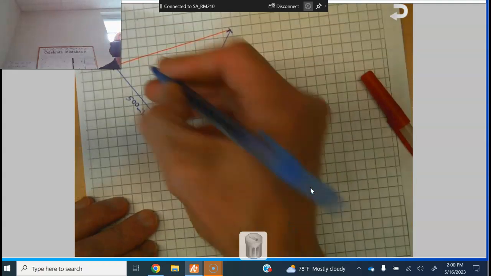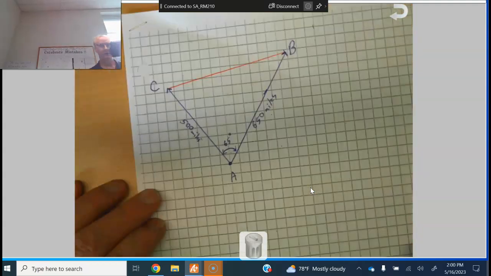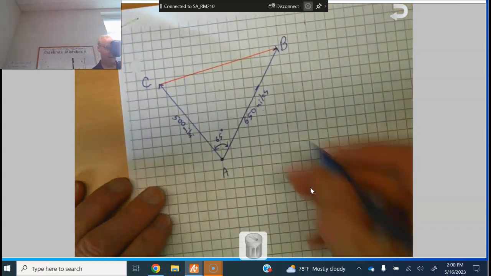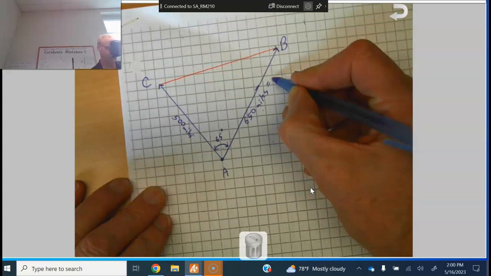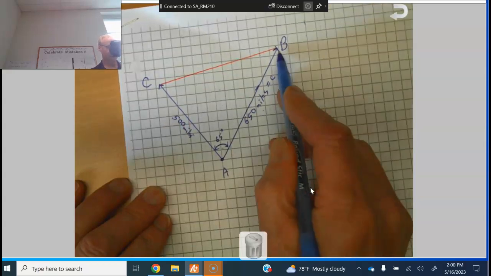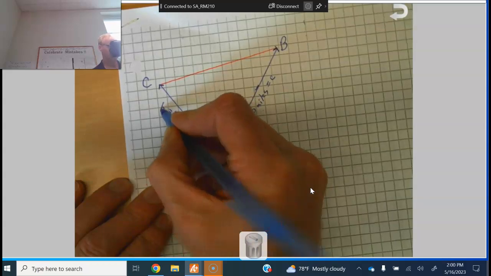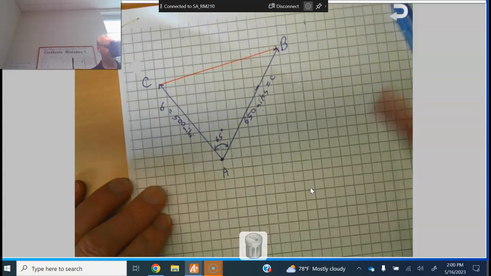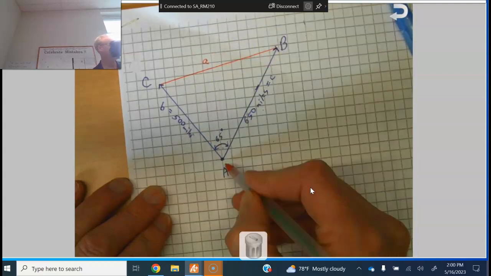For you guys, I called this C and this one B. And that means that across from angle C is side C, and across from angle B is side B. And we want to find the distance between the two planes, which we're going to call A because it's across from angle A.